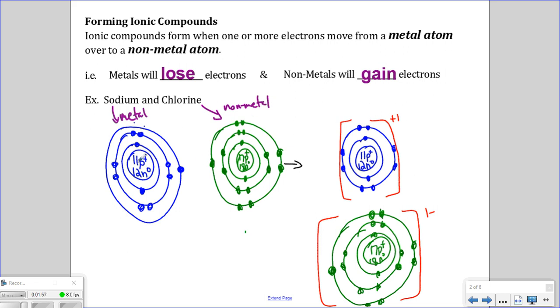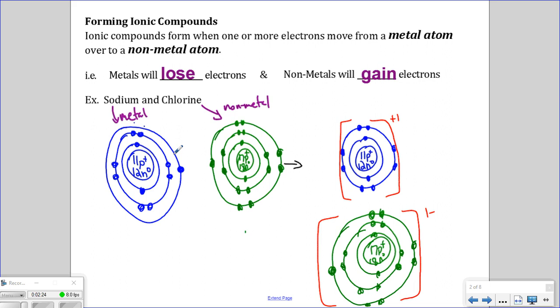We have 11 protons, 12 neutrons, and 11 electrons orbiting this nucleus here, which makes this sodium. We have 17 protons in the nucleus, 18 neutrons. The 17 protons makes this chlorine. And then chlorine has the 2, 8, and 7 electrons orbiting around that nucleus.